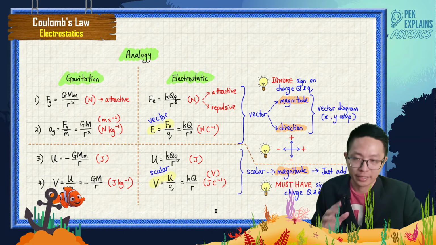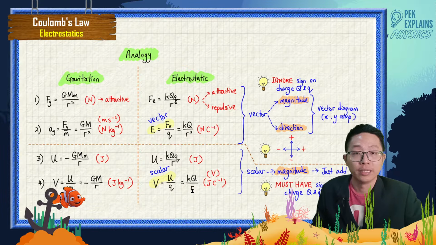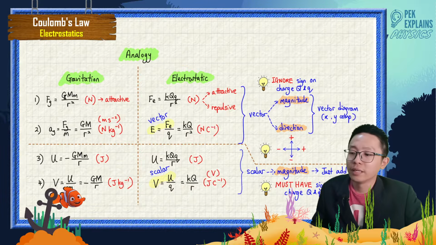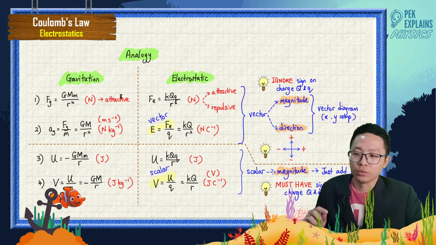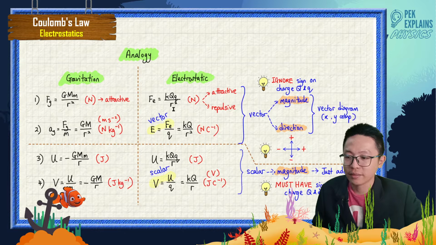And we had work done in gravitation, now we have work done in electrostatics. They have the same terms and also the same equations, so if you still remember what you learned in gravitation, you will find it easy to study this chapter.